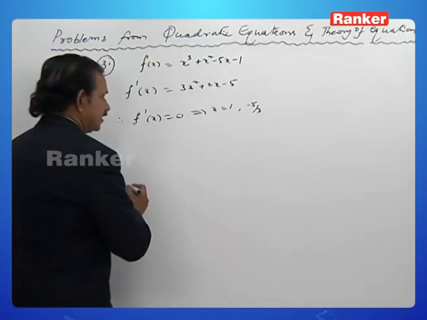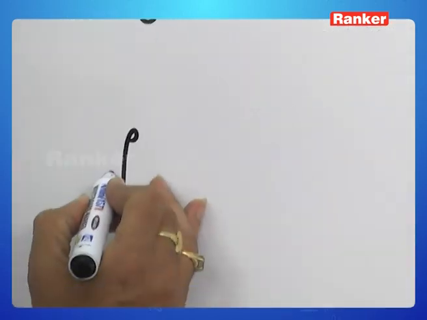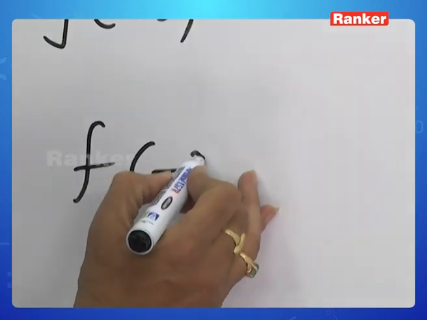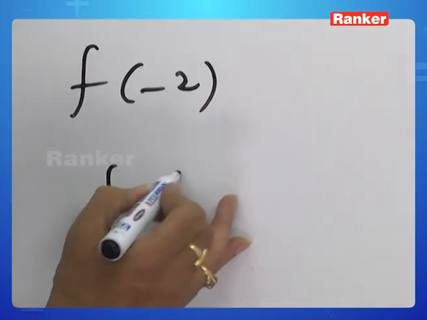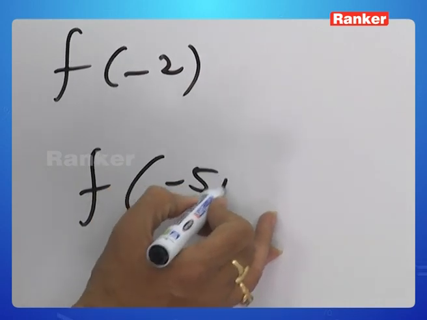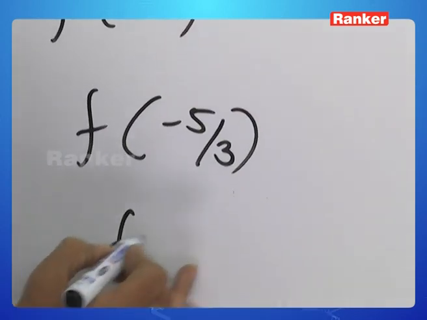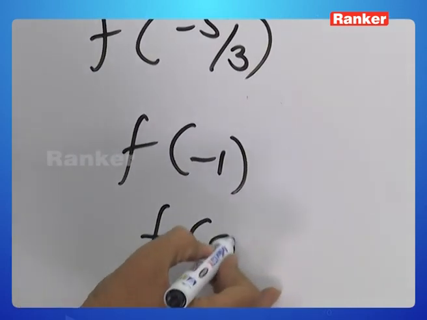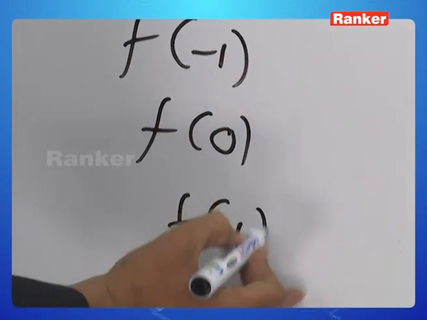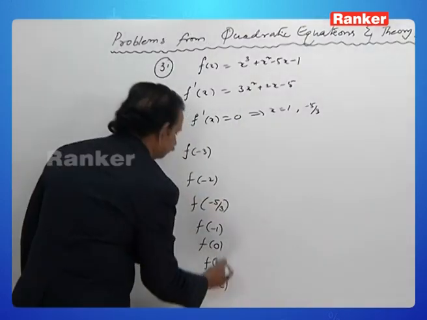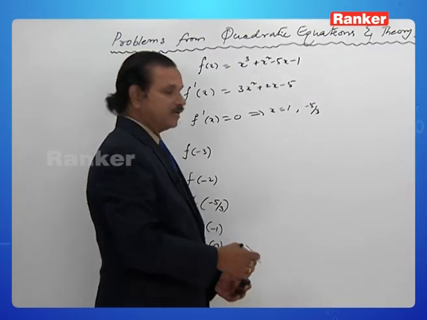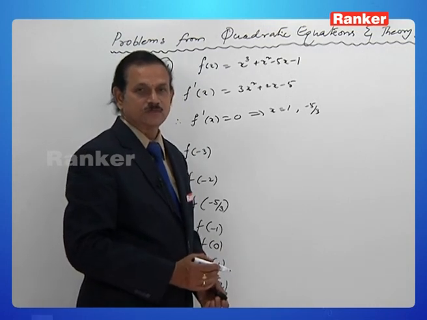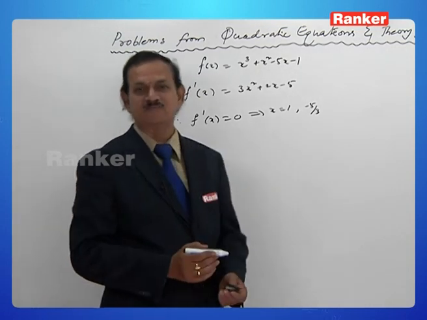Before that, let us first find f of minus 3, f of minus 2, f of minus 5 by 3, f of minus 1, f of 0, f of 1 and f of 2. These answers of course help us to know the nature of the graph.